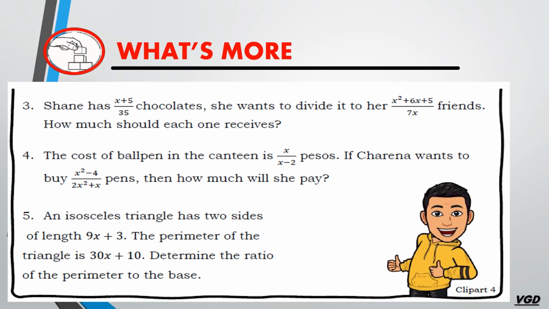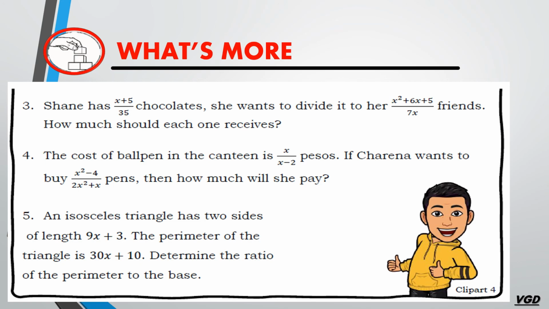Number 3. Shane has (x plus 5) over 35 chocolates. She wants to divide it among her (x squared plus 6x plus 5) over 7x friends. How much should each one receive? Number 4. The cost of a ball pen in the canteen is x over (x minus 2) pesos.